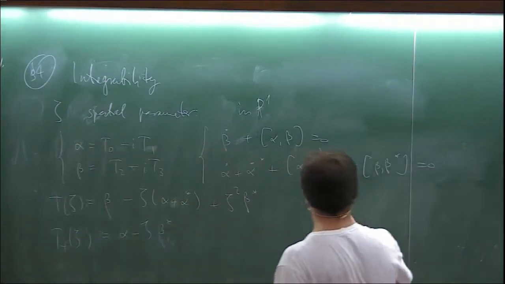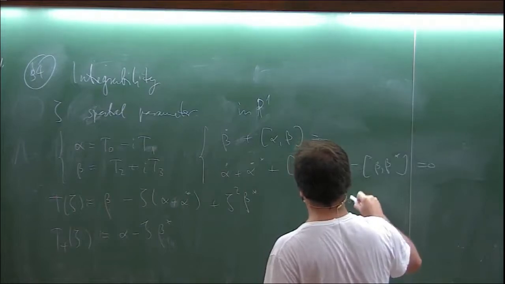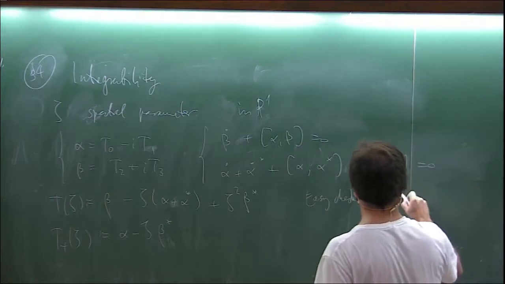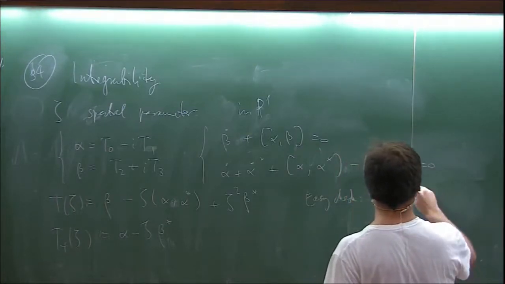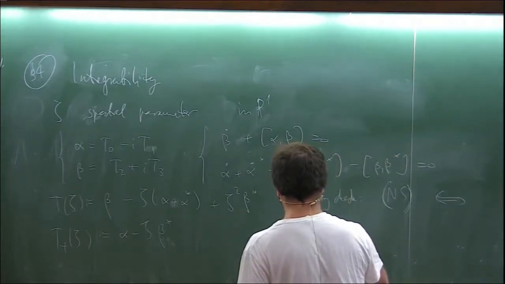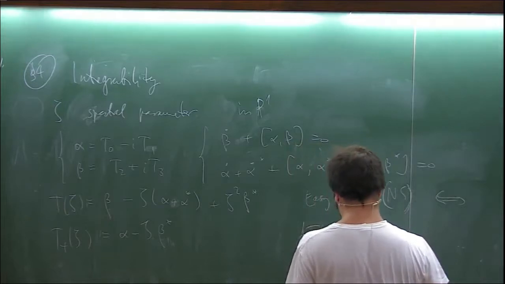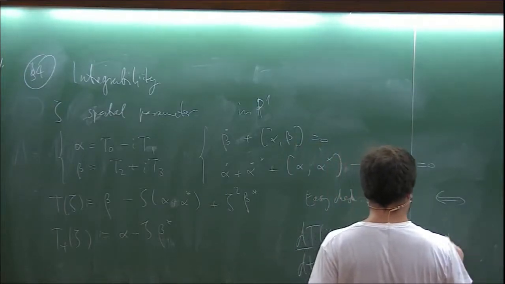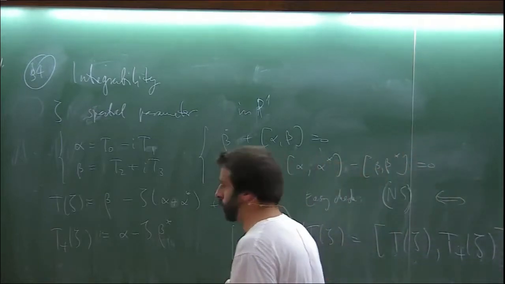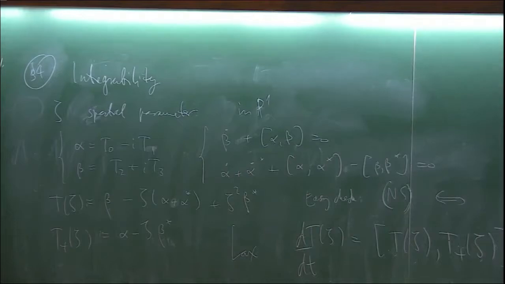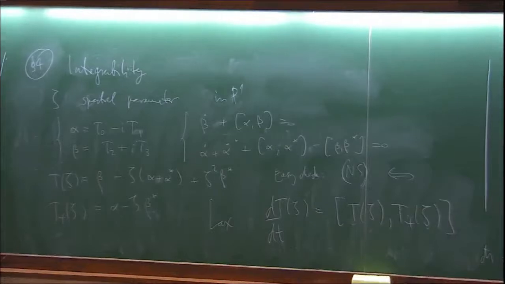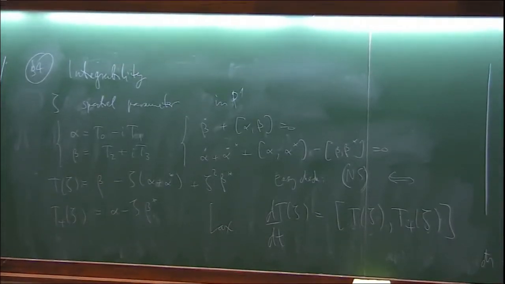Okay, so easy check that the Nahm-Schmid equations are equivalent to this Lax pair. And now you have all this machinery which is familiar, that you have spectral curves and so on.